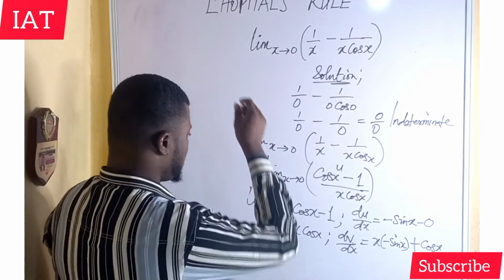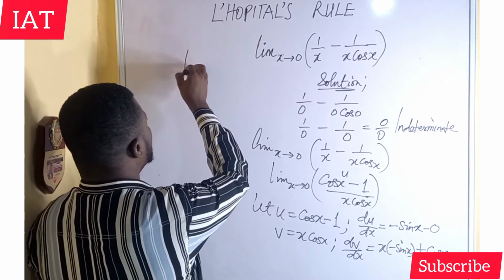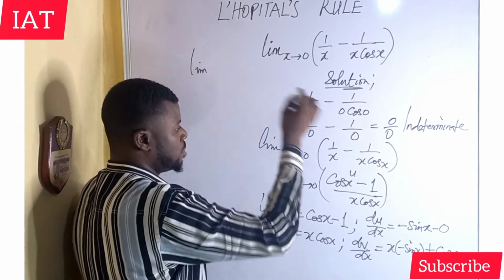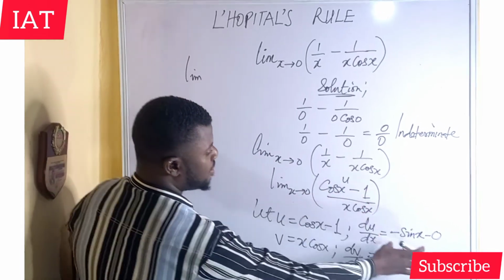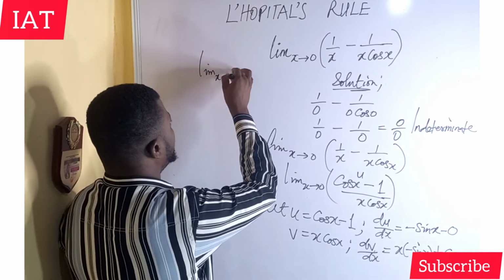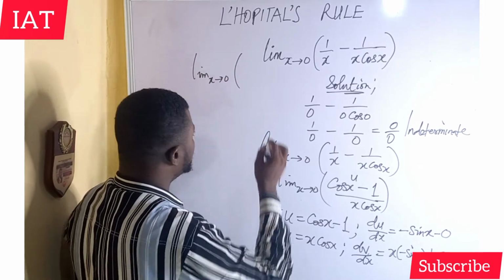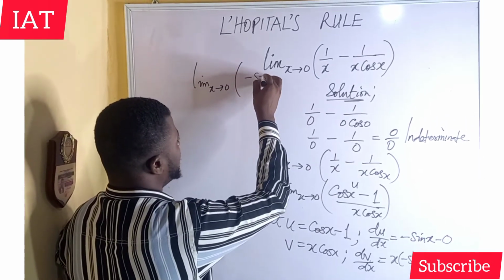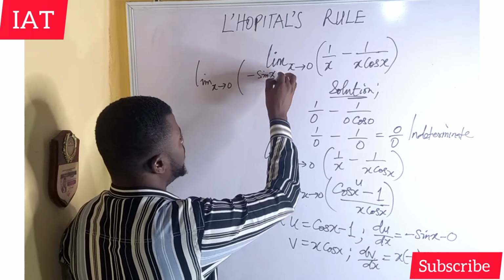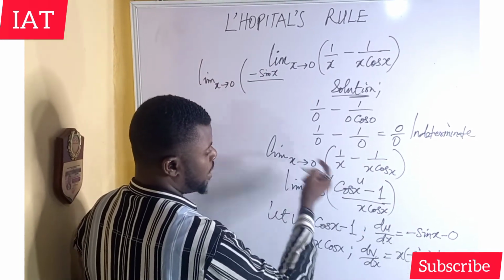So we have the limit, and on the numerator what we have is minus sine x minus 0, all over the denominator.